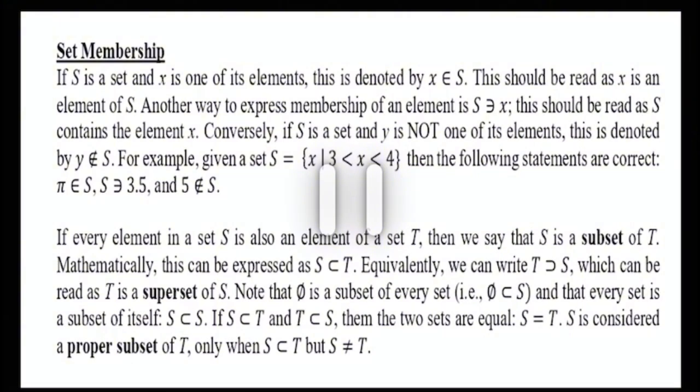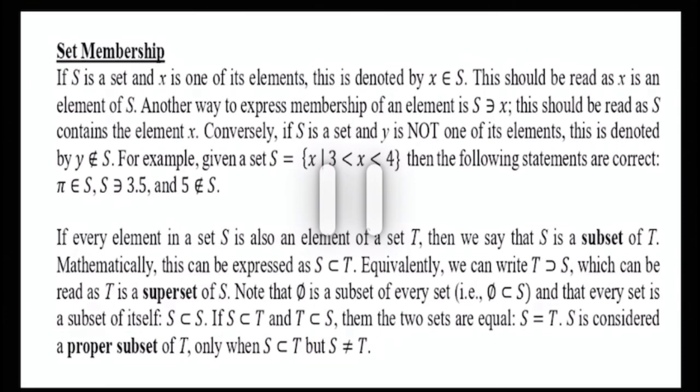When S belongs to T, and T does not belong to S, which means T is bigger than S, that's a proper subset. But improper is the situation where S belongs to T and T also belongs to S, automatically they should be of the same size. And that's exactly what we mean here.